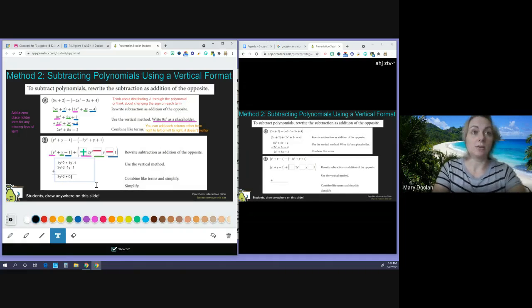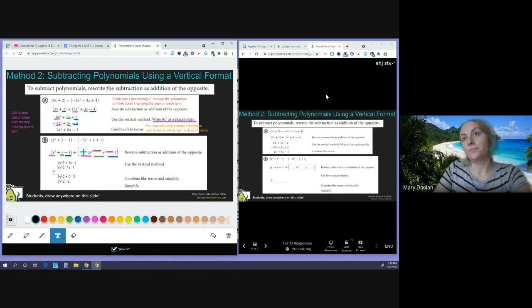That still adds to 0. And then negative 1 plus negative 1 is negative 2. I simplify this just a little bit. I don't need to write that plus 0 there. So I have 3y squared minus 2. So that would be the final answer for that one.